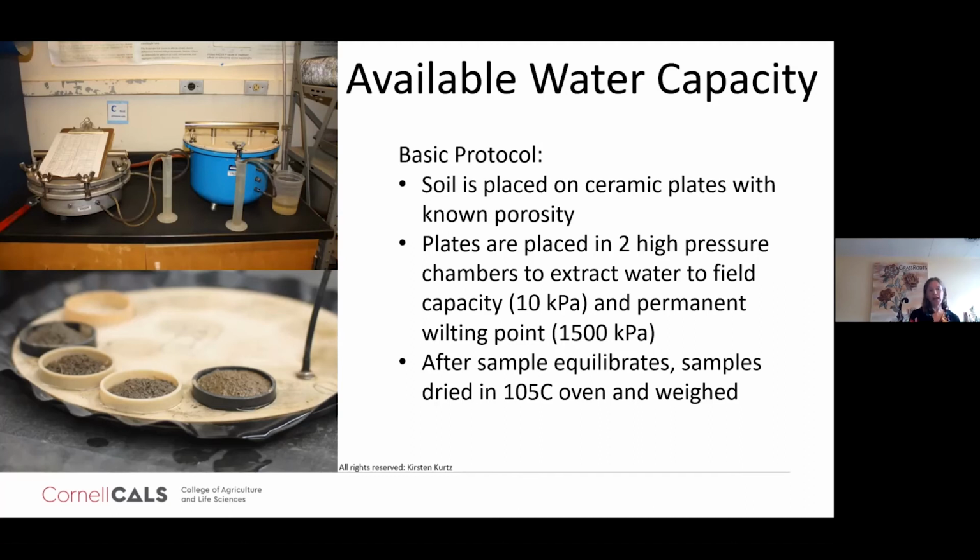After these samples have equilibrated, which basically means that all of the water has been pulled out to those levels, we then remove the samples, we weigh them, we dry them in an oven at 105°C overnight, and we weigh them again. And from there, we can get those 2 points that really show you what your range of capacity is.